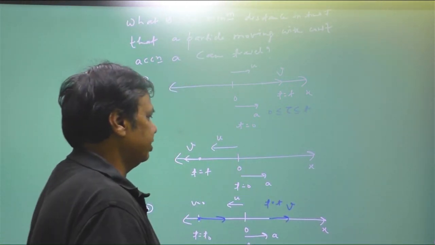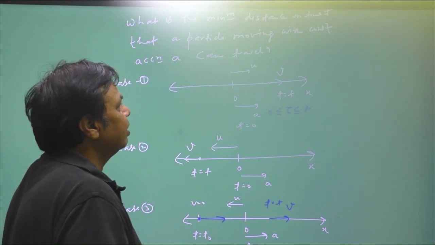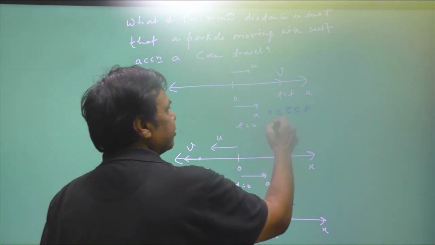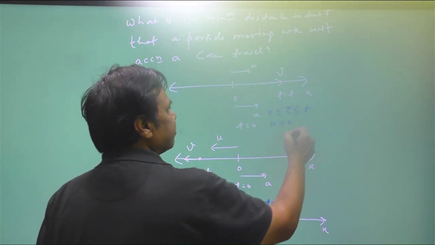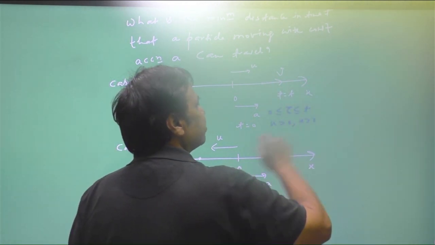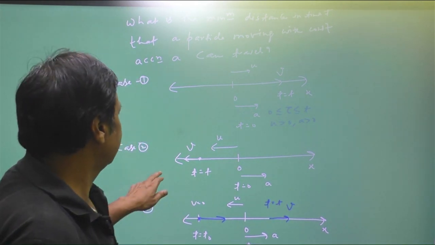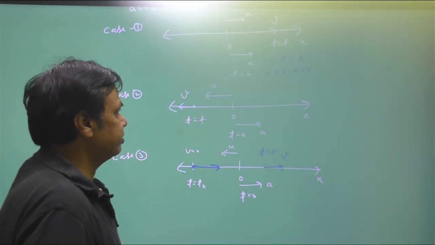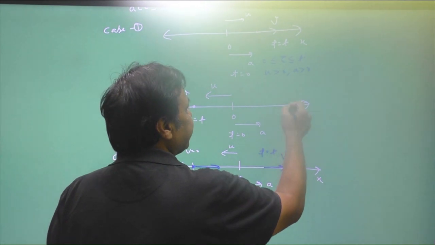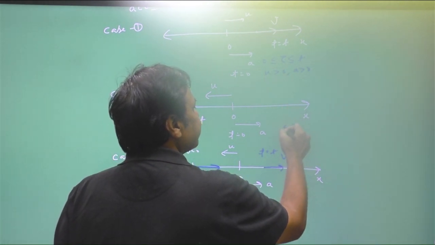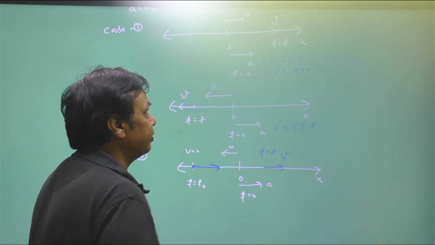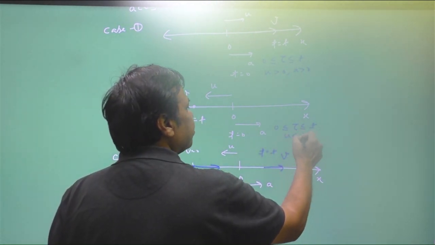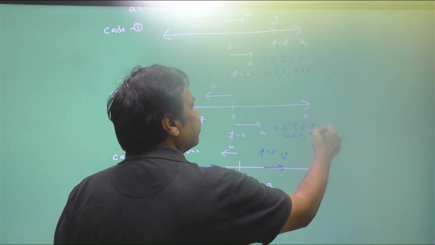This is the condition, and in this case u is greater than 0 along the positive x-axis and acceleration is also greater than 0. In this case the time can be again written as, and for the whole time I took u is less than 0 and a is greater than 0.